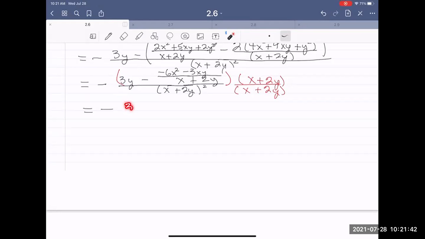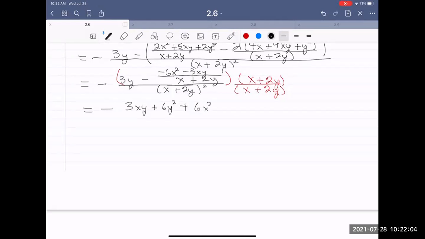So that's a 3xy plus 6y squared. The x plus 2y's cancel. So these are going to change both of these signs to pluses. So plus 6x squared plus 3xy all over x plus 2y cubed, since there are two of them plus another one of them.